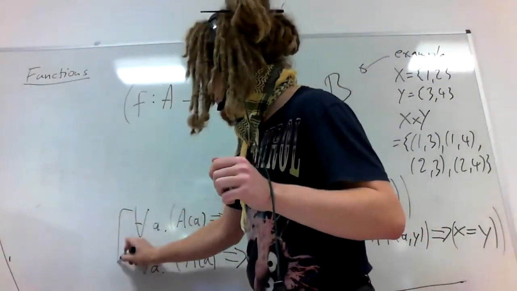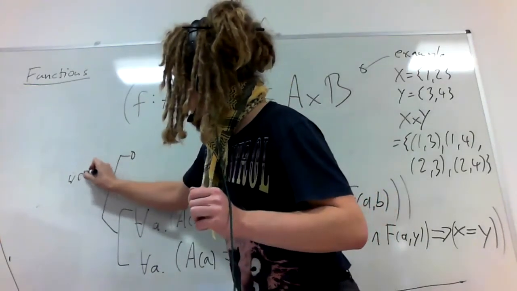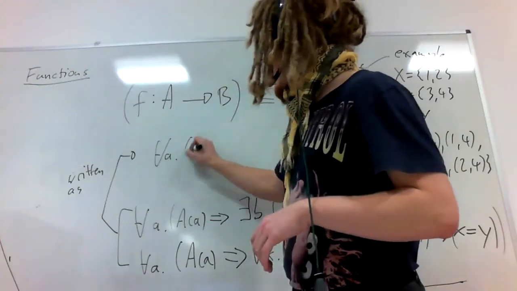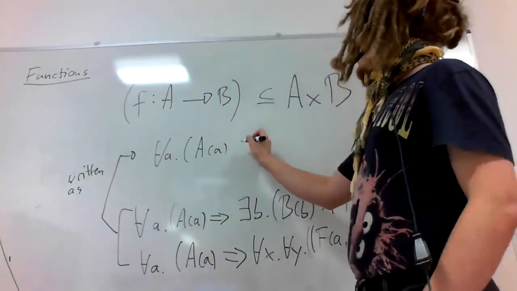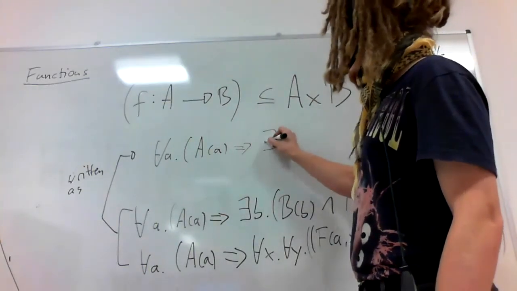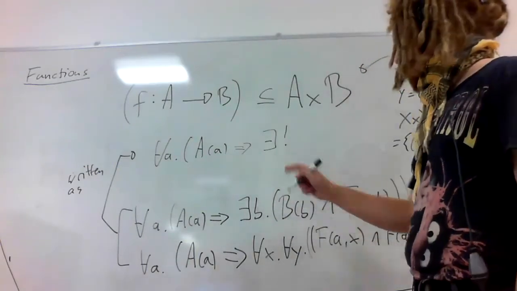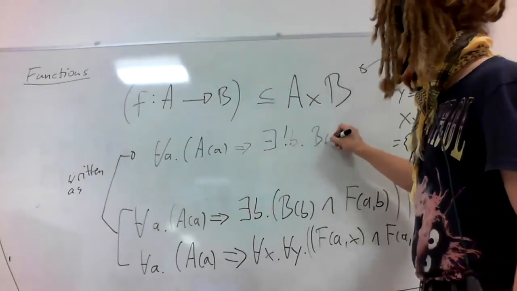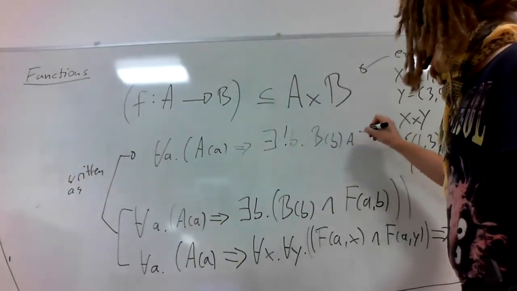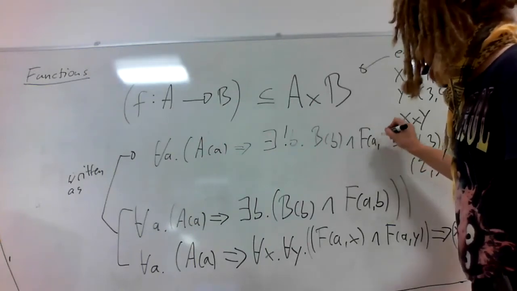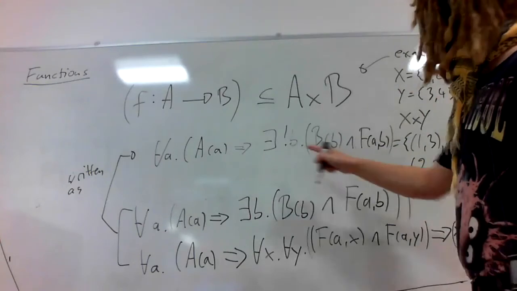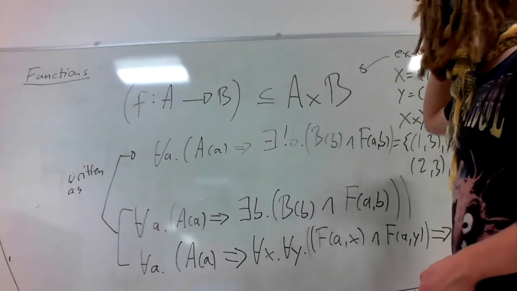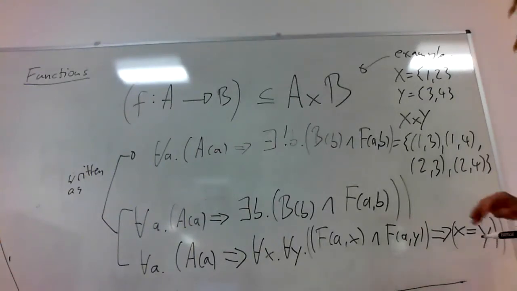These together are often written as: for all input values, so for all things that are input values, there exists exactly one, and we write this with an exclamation mark, there exists exactly one B such that B is in our output and F of A and B. So these two bad boys. Okay, let's let that sink in.